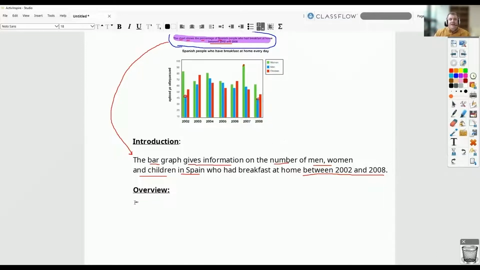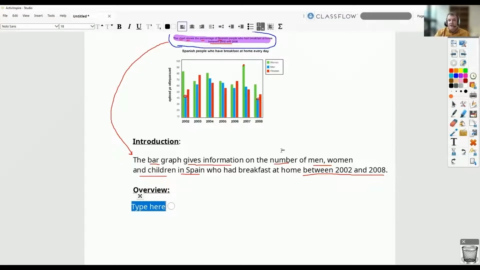So what can we say in general about this information? We already identified previously that there's a lot of fluctuation. It's going up and down, up and down. But we can also say for sure that overall, the number of children having breakfast at home is decreasing.